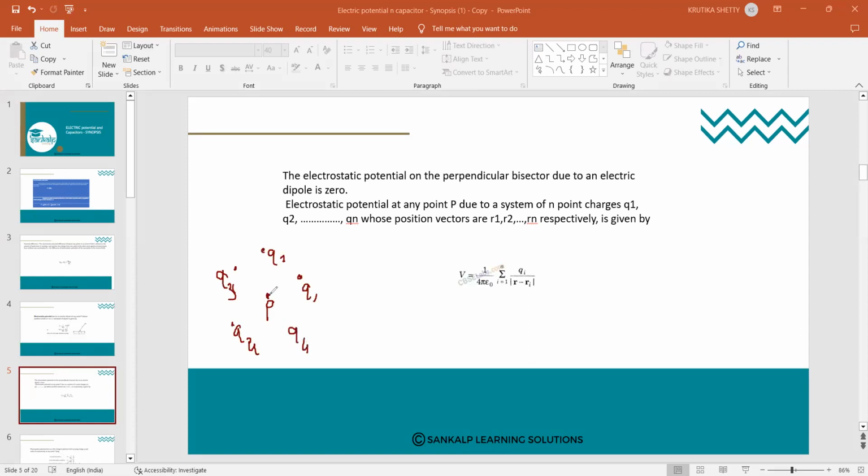The distance between the point P is taken as R2.